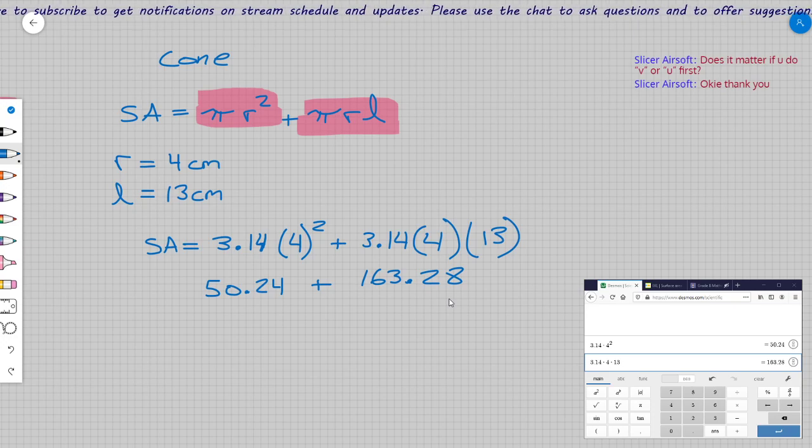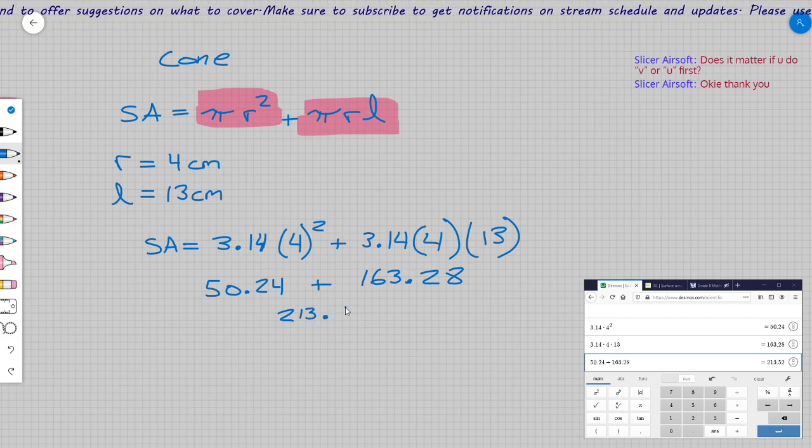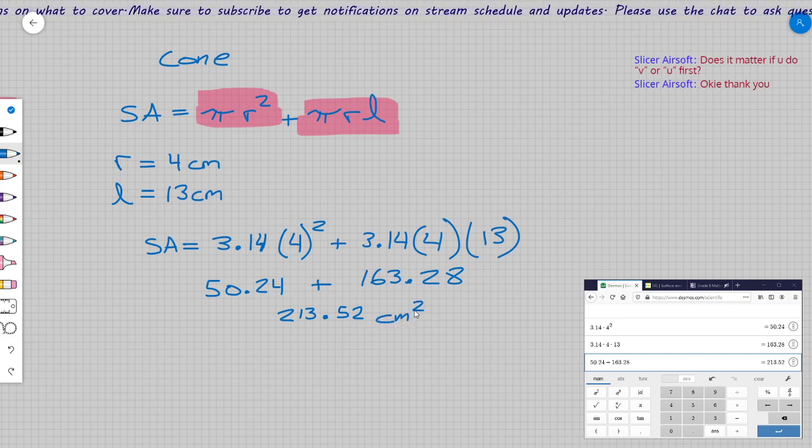So we're going to add these two together. So that's 213.52. And that's going to be centimeters squared. So that will be your final answer, because again, it's already to the nearest hundredth, so we can go ahead and just type that in.